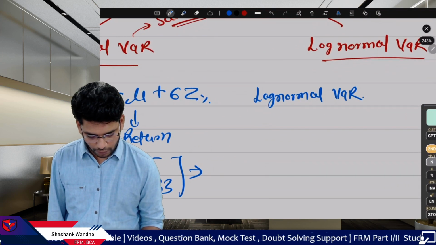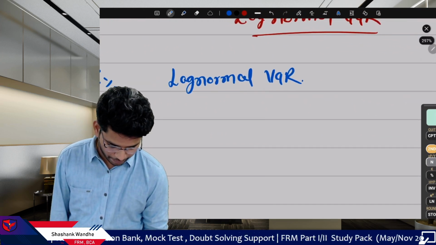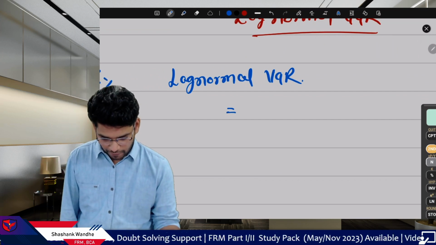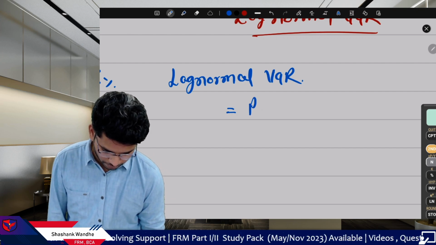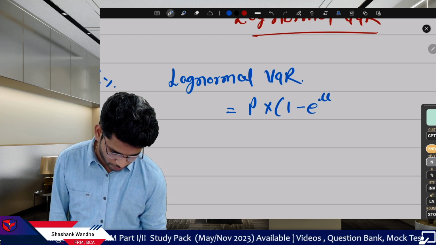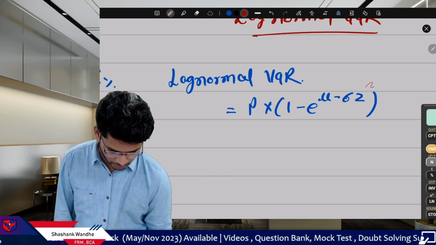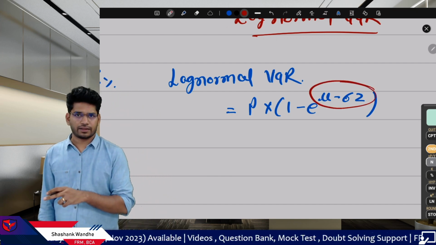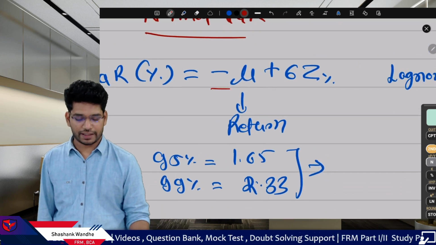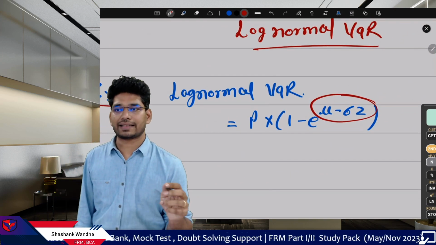Now in log normal VAR, the base of the formula is the same, but we use it in a slightly different manner. It is your portfolio value multiplied by 1 minus e to the power of mu minus sigma into z. The sigma into z part is exactly the same as in normal VAR, except for the symbol changes: here it is plus mu minus sigma into z.